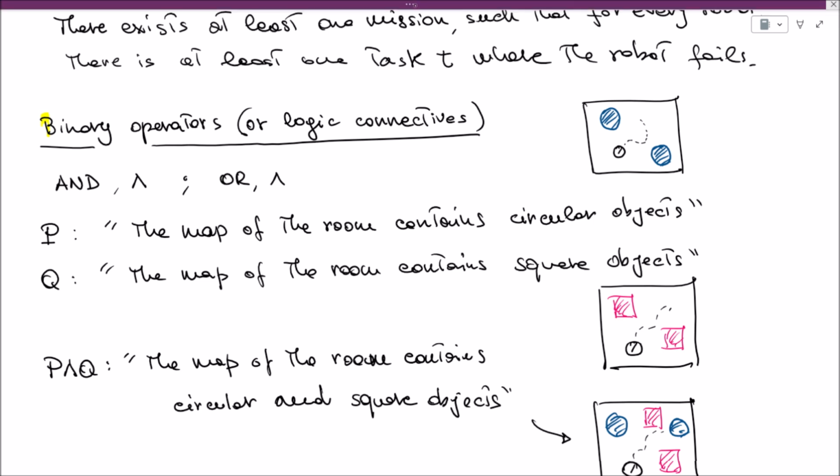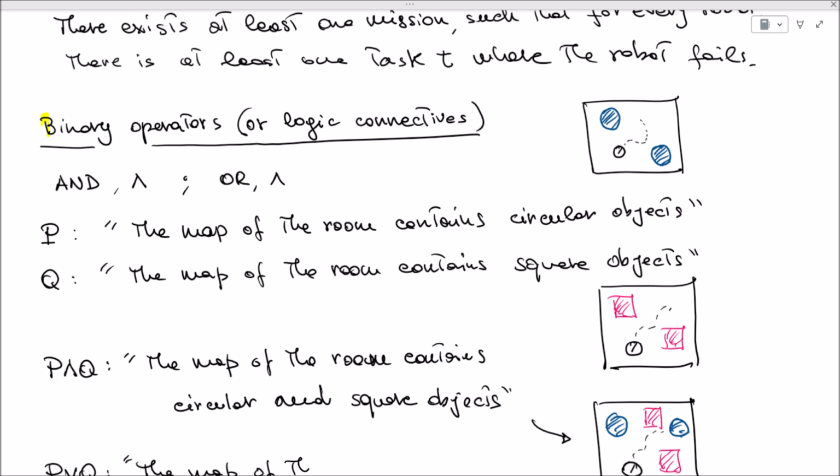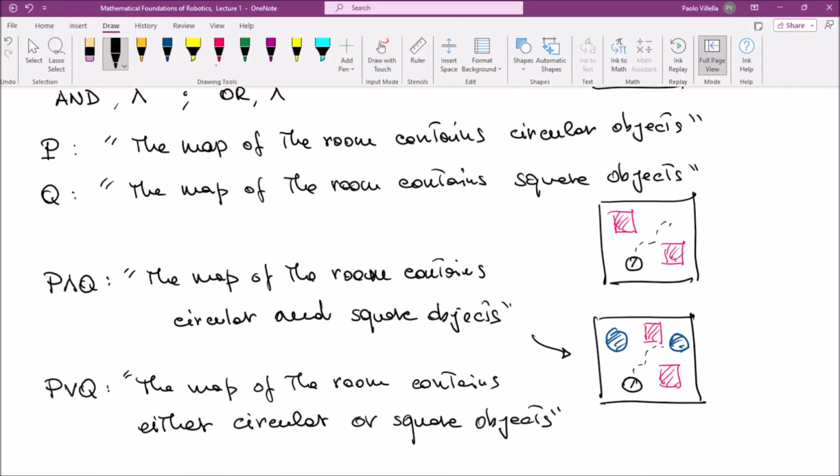The proposition P or Q instead is the map of the room contains either circular or square objects, and this is to be regarded as an inclusive or.